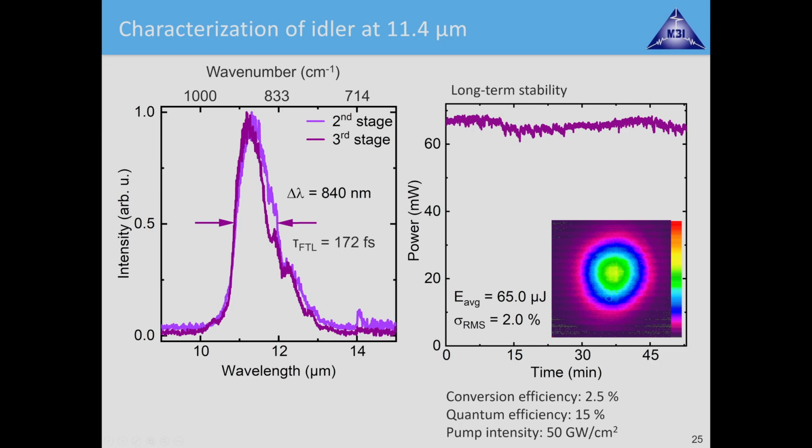We get an average energy of 65 microjoules out of it, with reasonably okay stability and a nice beam profile. All this corresponds ultimately to a conversion efficiency of 2.5% and a quantum efficiency of 15%, and we are pumping the gallium selenide with 50 gigawatts per square centimeter.